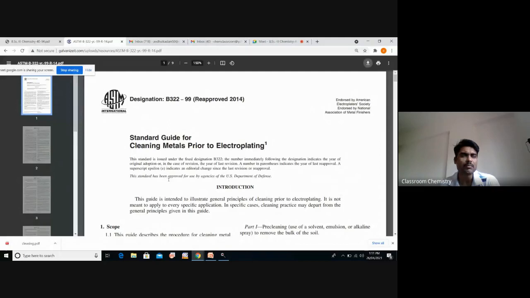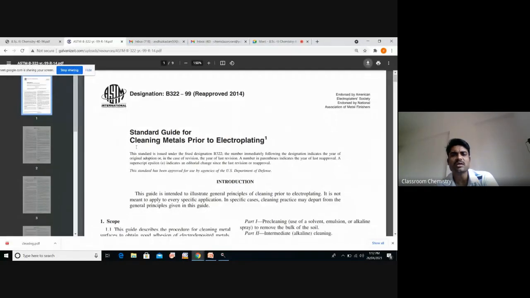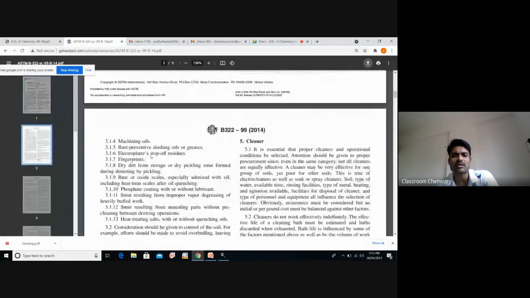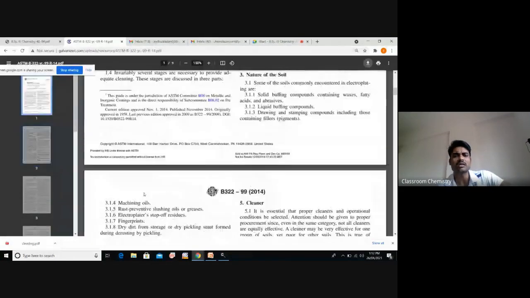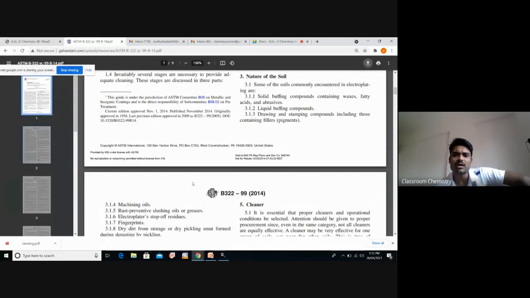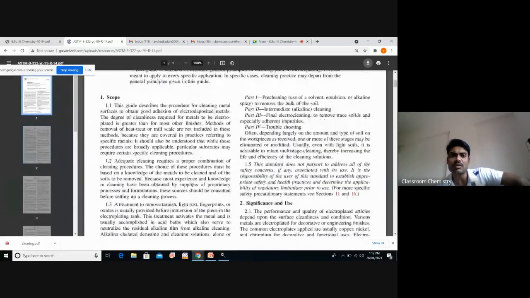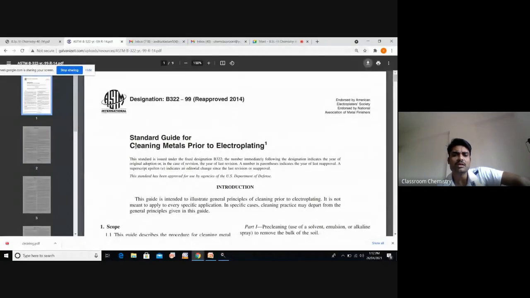Today's tasks completed: the third and second laws, then their examples, then the different types of formulas. Today's task is only Faraday's laws, and this cleansing topic we started, but we did not reach the end point, and hence in the next lecture we again start from cleansing metals prior to electroplating.